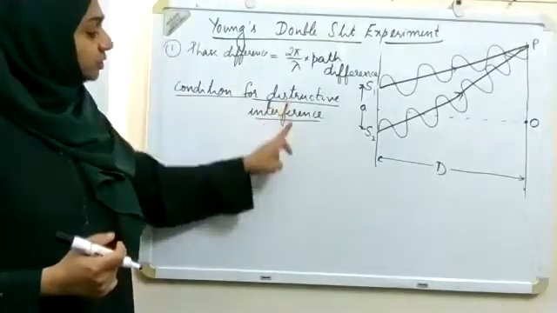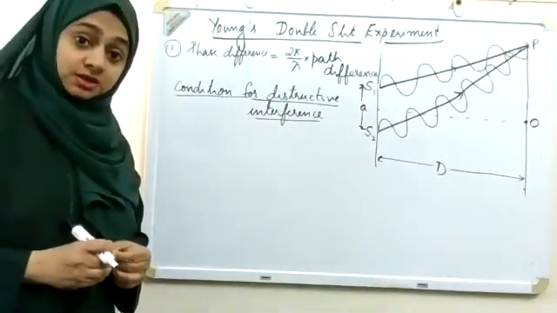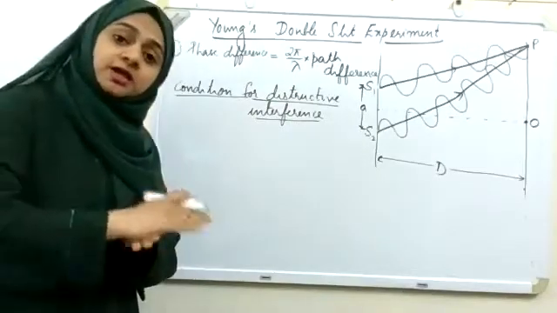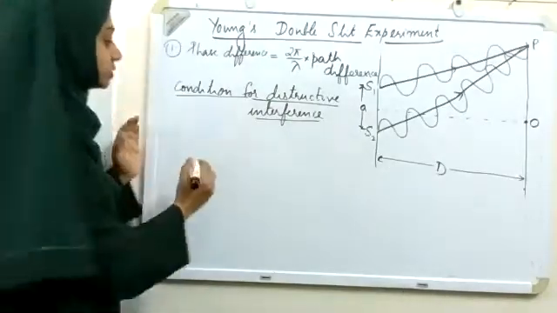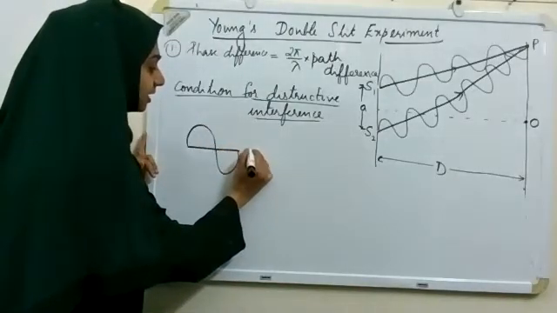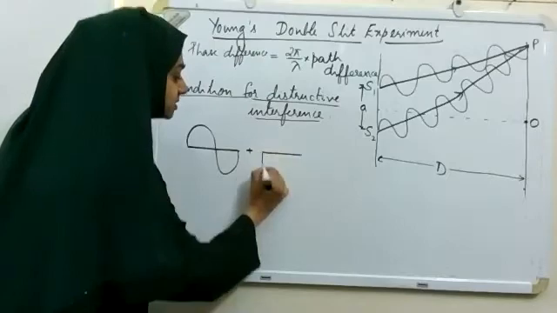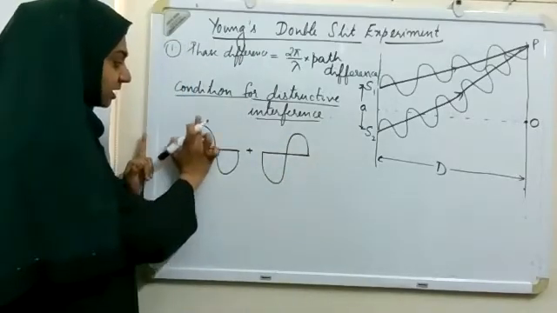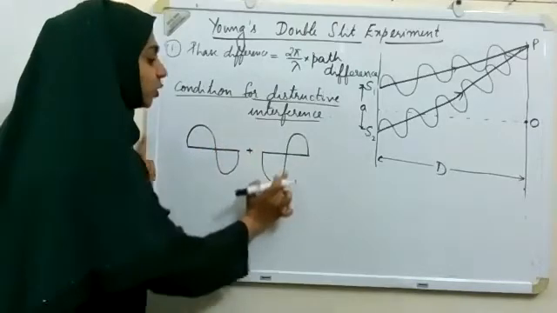So condition for destructive interference means the dying of the waves. Suppose two waves. One wave is like this, and another wave at the same time is like this. See, here when the crest goes up, the trough goes down.